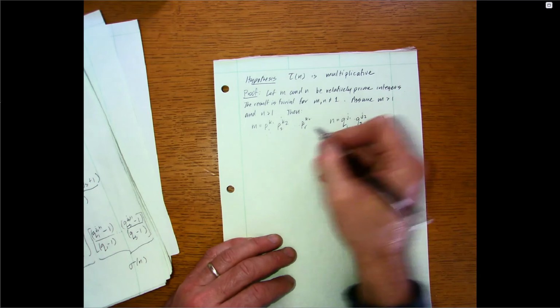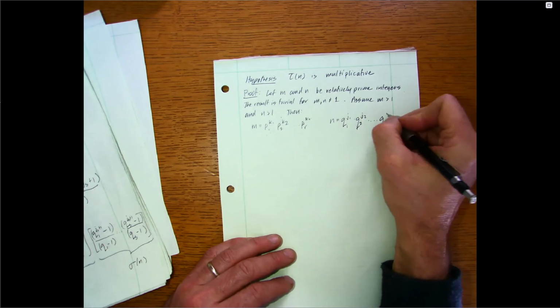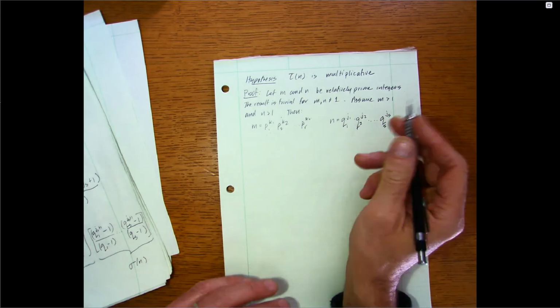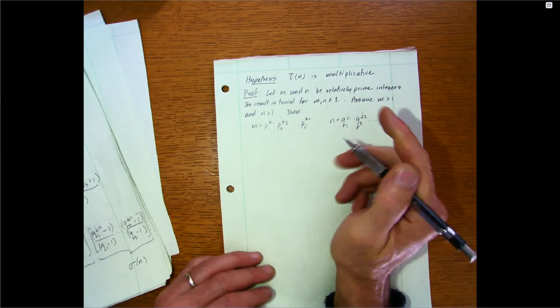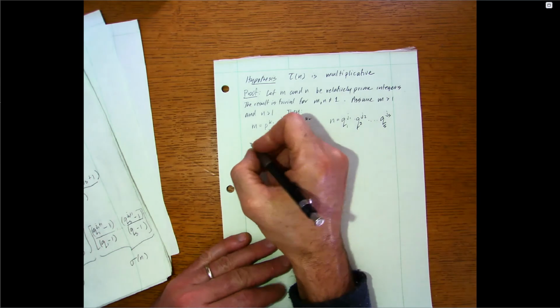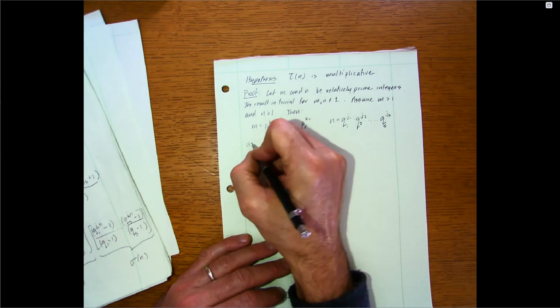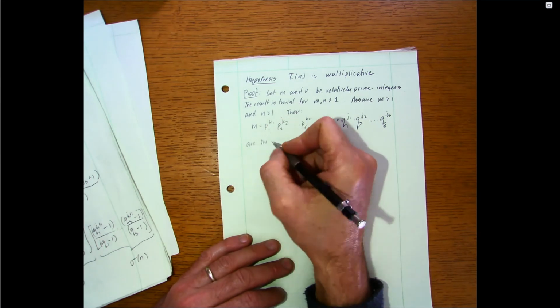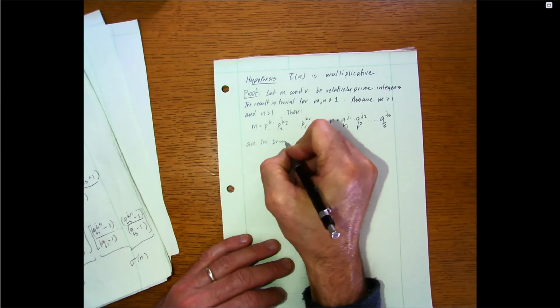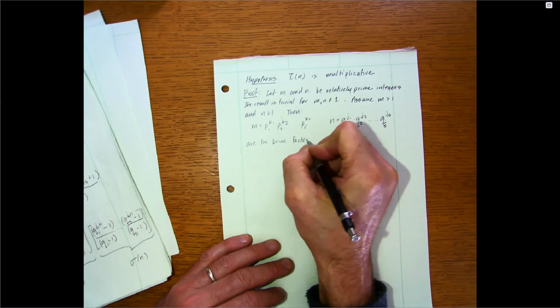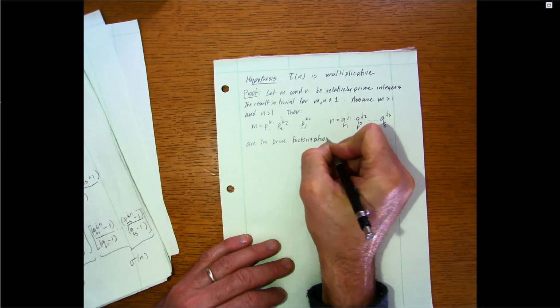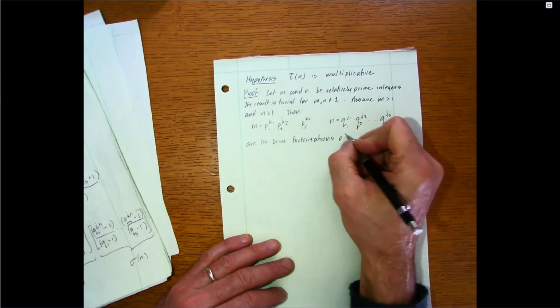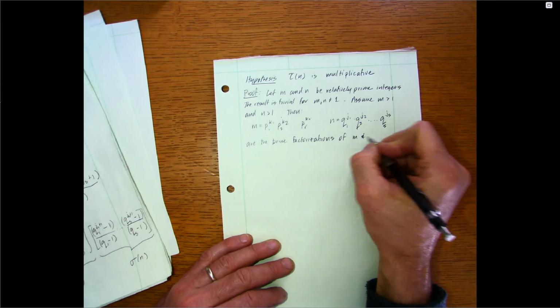It can't be the same index as r, so we use s. Again, they each have a unique prime factorization. These are the prime factorizations of m and n.